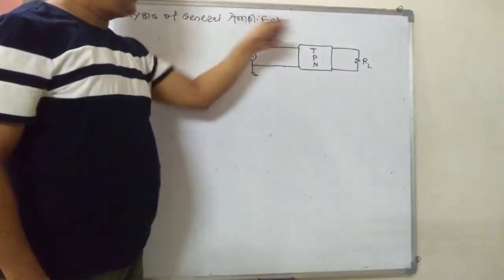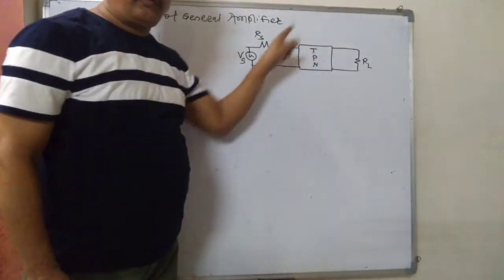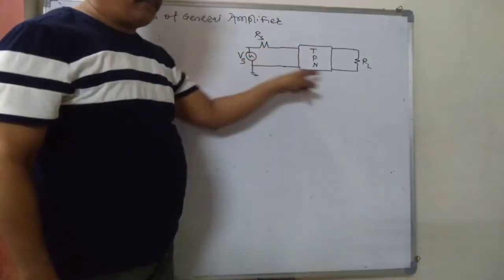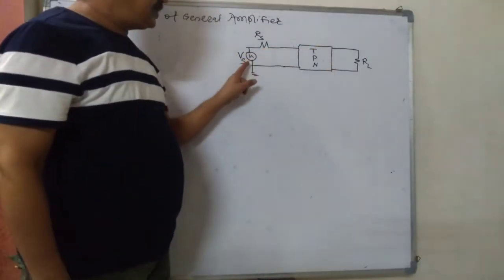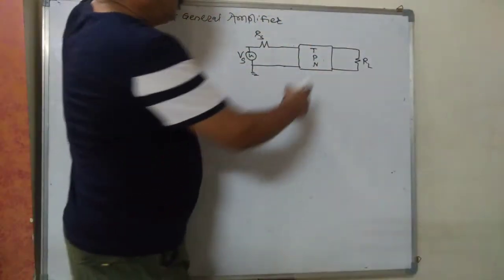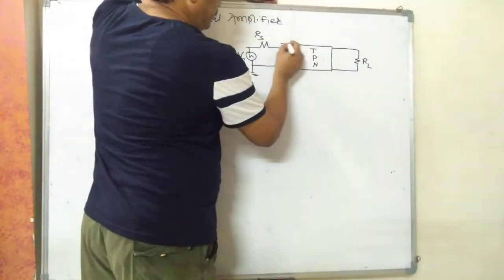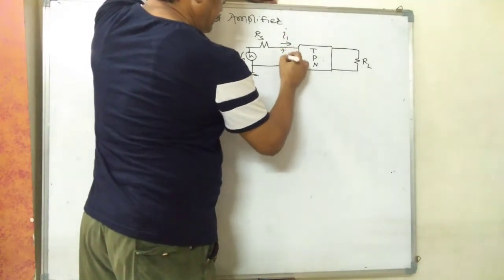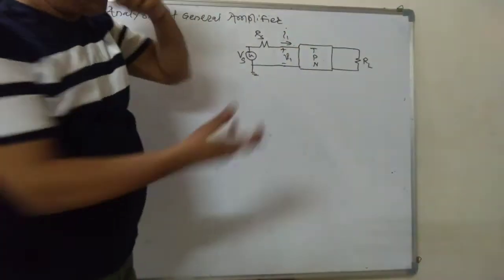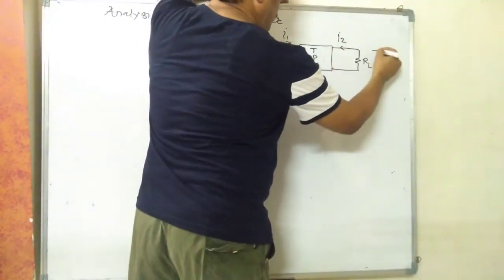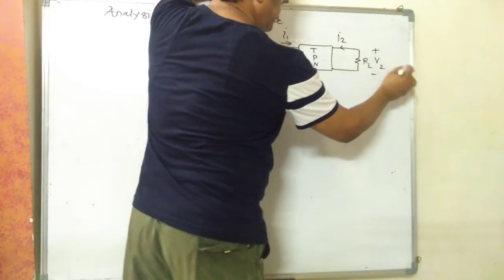So this is the amplifier. The 2-port network block we have studied in the previous lecture. To that block, a sine wave input is applied and we will take the output. For this block, this is input current I1, input voltage V1, we studied it yesterday. This is output current I2, output voltage V2.